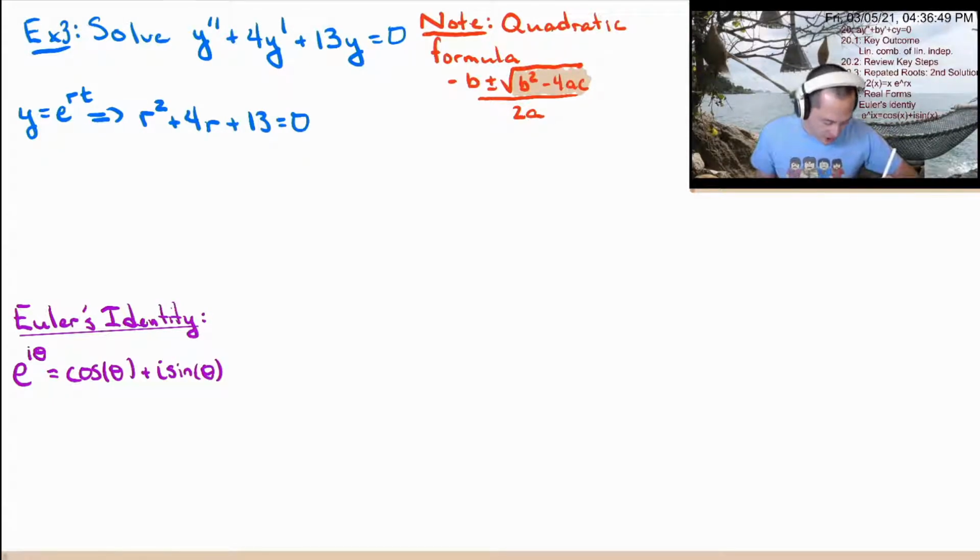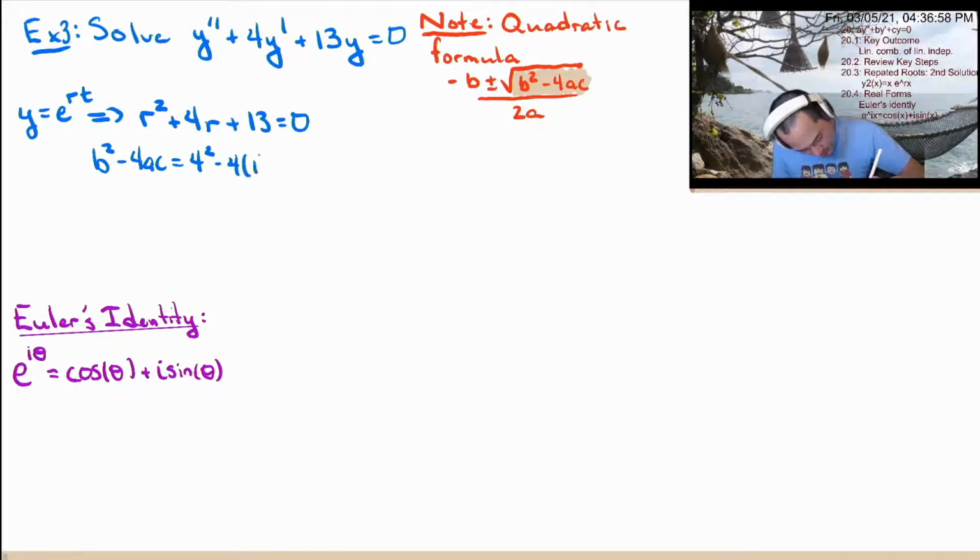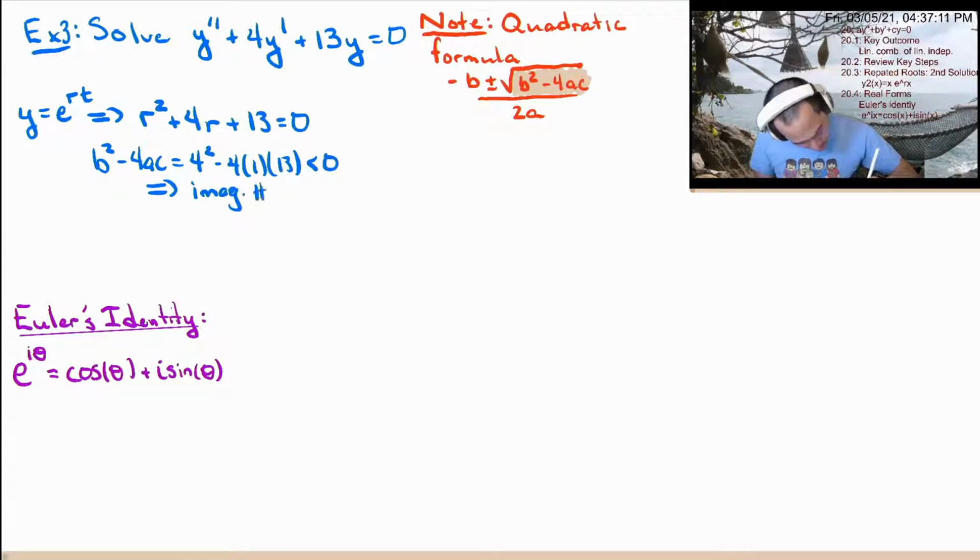So I can check b squared minus 4ac. That's going to be 4 squared minus 4 times 1 times 13. And 16 minus 4 times 13, that number is going to go negative. So this implies that we're going to get imaginary numbers coming out of this thing. So we just need to be at the ready to drop this quadratic formula when needed.